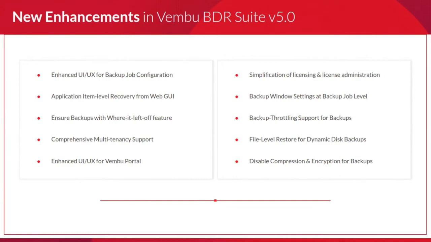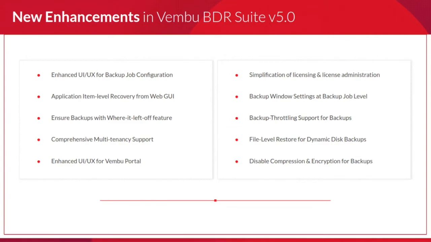You can purchase cloud storage from Vembu and allocate it to your clients, so you don't need to contact Vembu for allocating storage; you can do it from your portal user interface itself. You can just go to your accounts section, specify the server or the Cloudtier account, and allocate the amount of storage you want to assign to your clients from the portal itself. So we have simplified it. I will show everything during this live demo.